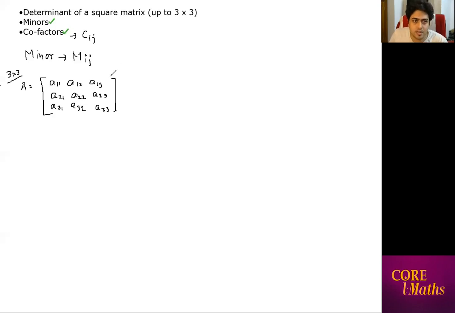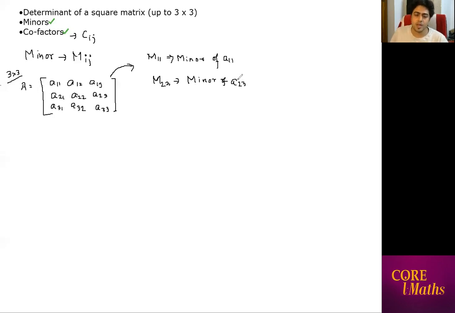So for this matrix, you can find the minor of A11, M11. For example, M23 is the minor of A23.